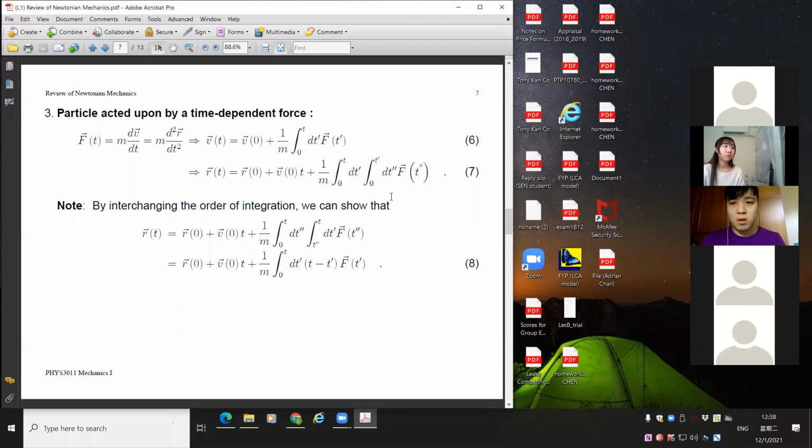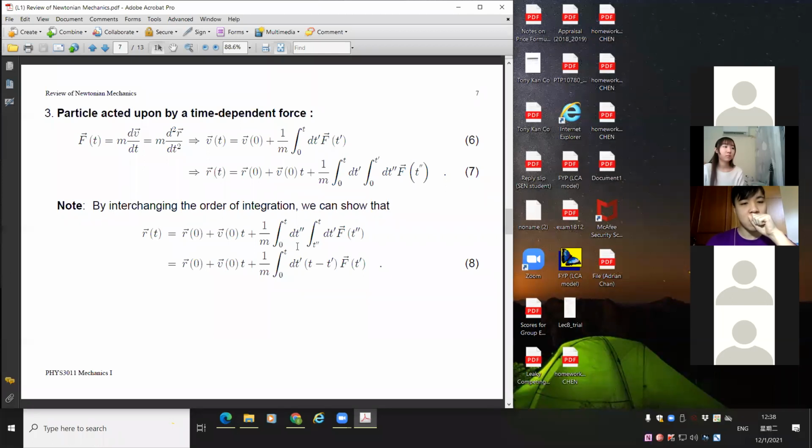I wanted to ask, how did that become from dt prime ft prime to what's below? Can you explain that part? You mean how to reduce the two-dimensional integral into a single integral? Am I correct? Yeah. So you interchange the order of the integration.